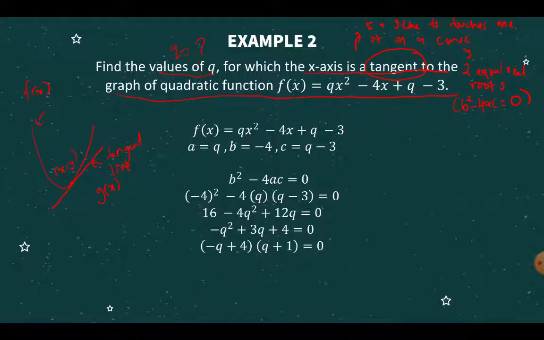So we will have our values of q: q is 4 and q is negative 1. So that is the answer for q. Simple, right? The main thing is you need to identify the type of root. Look for the keywords. Okay, let's look at the next example.